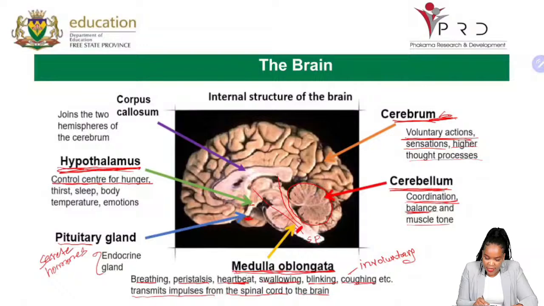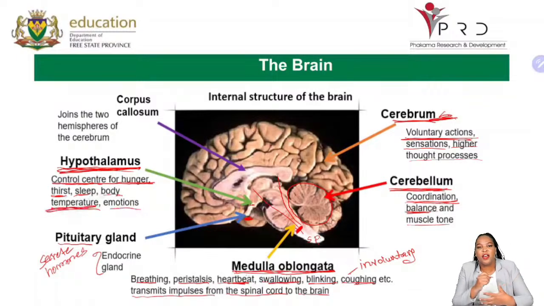So this hypothalamus is the control center for hunger, for thirst, for sleep, for body temperature, and emotions. You are going to talk about body temperature later on when you are doing thermoregulation and homeostasis.